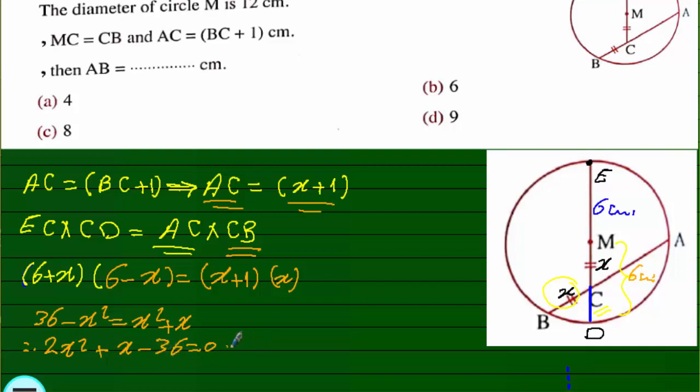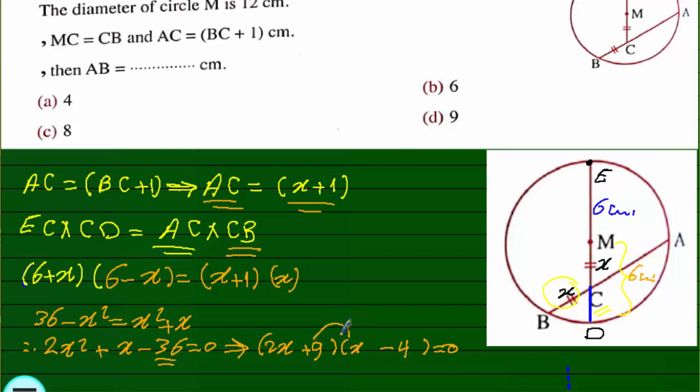And we will factorize this part here. The left hand side, it will be 2x multiply x equals 0. 2x square, it is 2x multiply x. And the negative 36, it is positive 9 multiply negative 4. 9 multiply negative 4, it is negative 36.